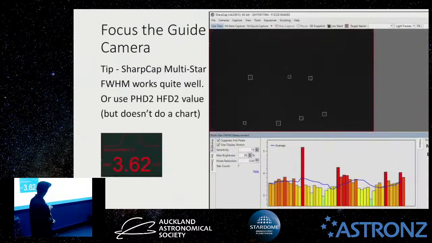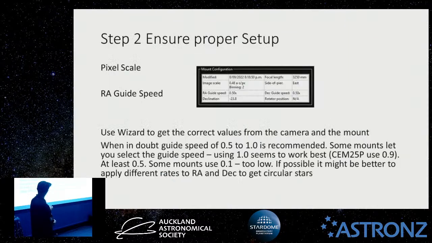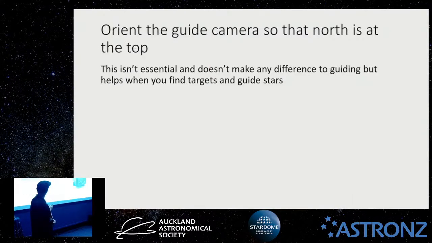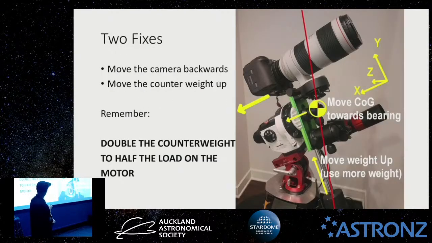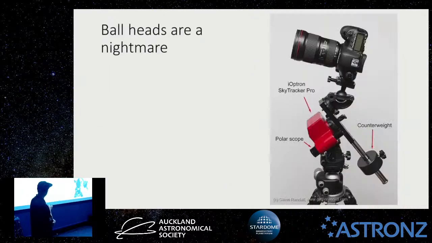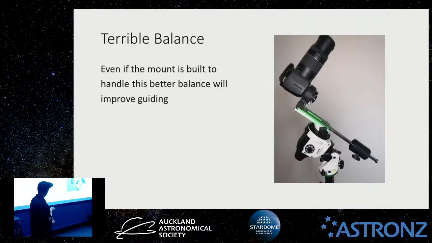The other thing is, all these mounts have the same problem, that the counterweight should be moved up as close to the axis as possible. And when you do that, you need more weight.